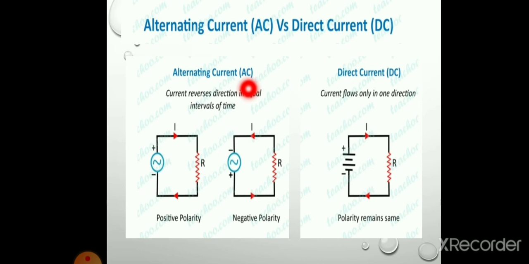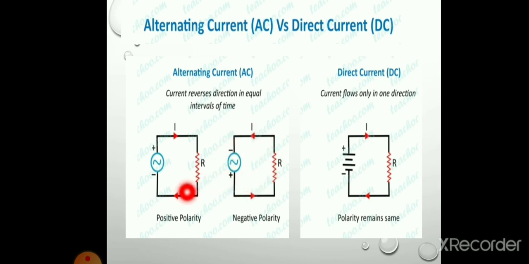Here the positive and negative polarity is not fixed and it keeps on changing. Here you can see, here it is positive polarity, and here the current is reversed where it is negative polarity. So current reverses in every half cycle. If in the first half cycle it is clockwise, in the next half cycle the current induced is anti-clockwise.